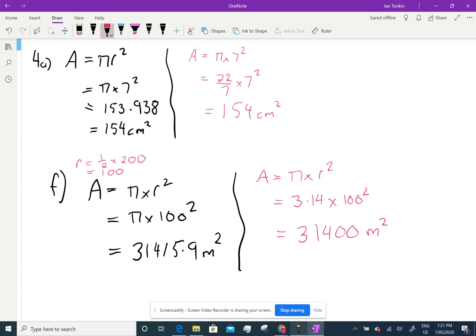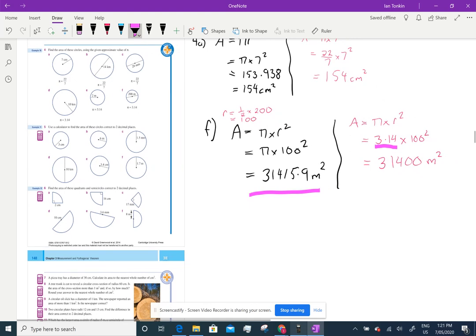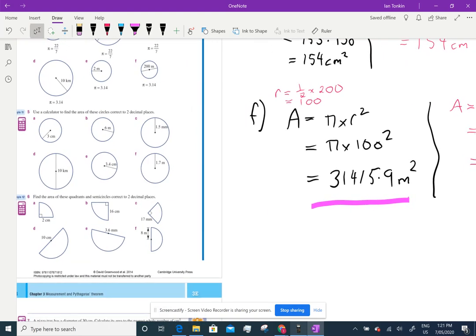Now, which one's more accurate? This one, because that only uses an approximation for pi. But that's the answer in the back of the book. I'm just checking. Yep. But I'd rather you use the actual pi on your calculator, which is what they want you to do in question 5.